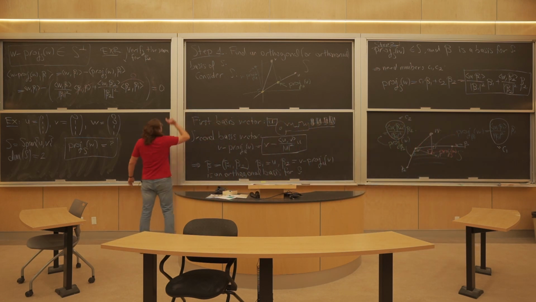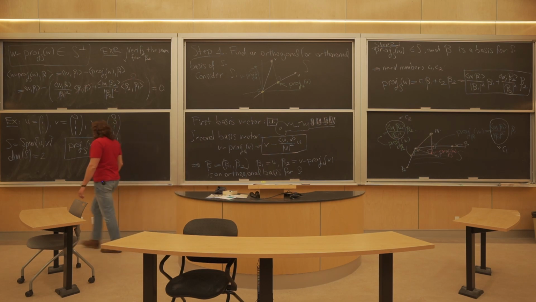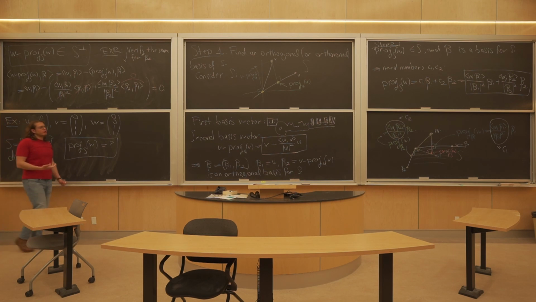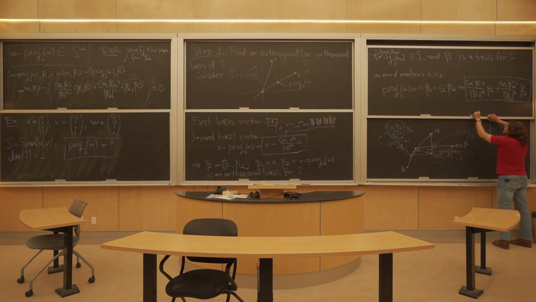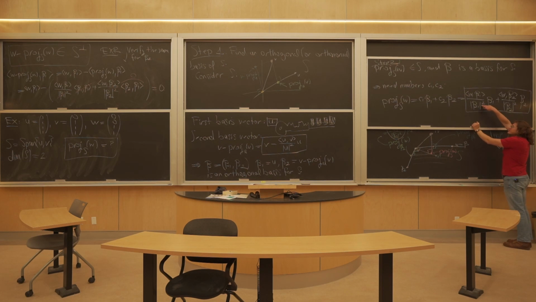So I want to start with step 1. First, I need to figure out an orthogonal basis for S. And while I'm at it, I might as well turn it into an orthonormal basis, right? Because eventually I'm going to have to write down these expressions, and I see that in the denominators I'm going to see norm squares.